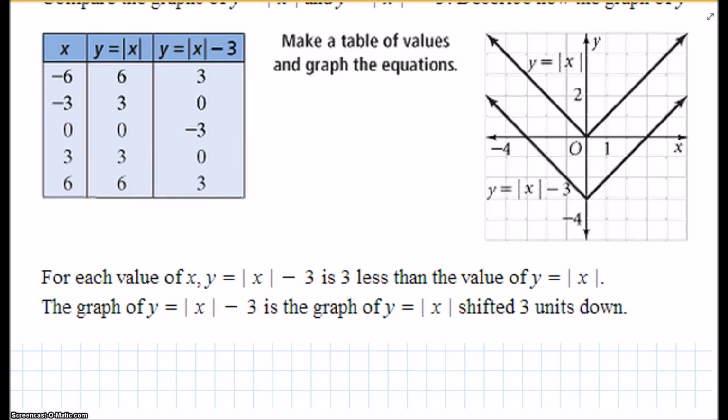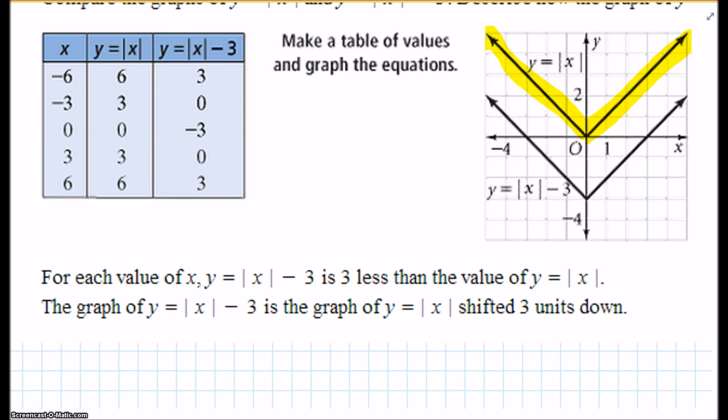When x is -6, y would be 6 for the parent function of y equals the absolute value of x. So -3 would be 3, 0 would be 0, 3 would be 3, and 6 would be 6. So we can graph that, and when we do, looking at the right, here's the graph we get.